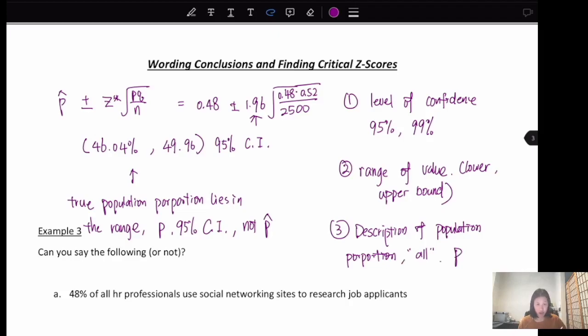It's our p, not p hat. Just remember that we use the confidence interval to estimate our p, which means we use the sample to estimate our whole population proportion.